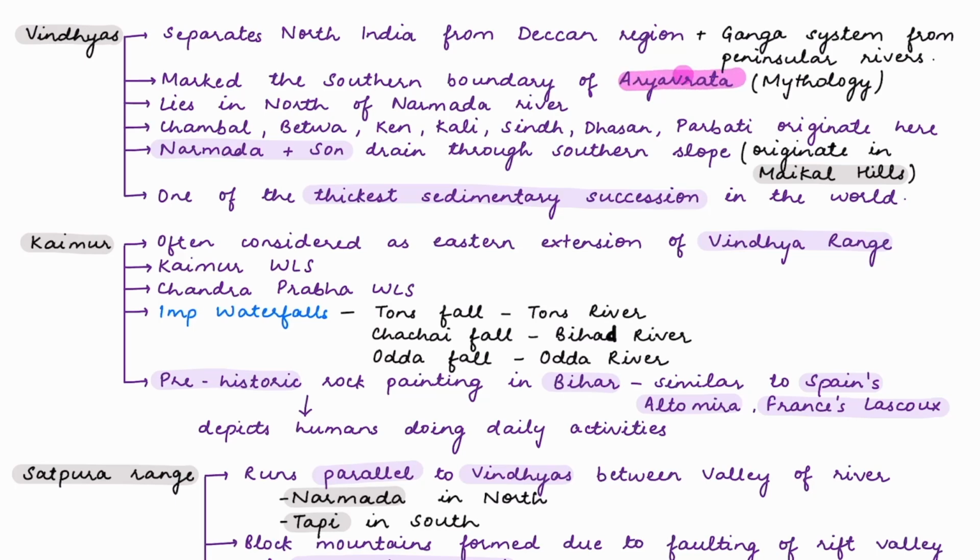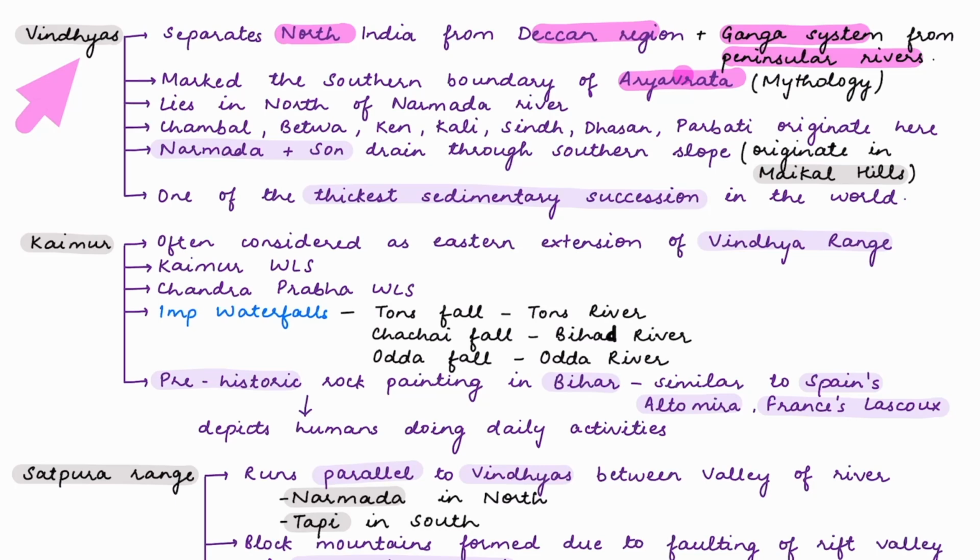The southern boundary of the Aryavrat was marked by the Vindhyan ranges. Also, as we talk about the geographical division of India, the Vindhyan range separates North India from the Deccan region. Also, they act as a water divide between the Ganga river system of the north and the peninsular rivers of the south.